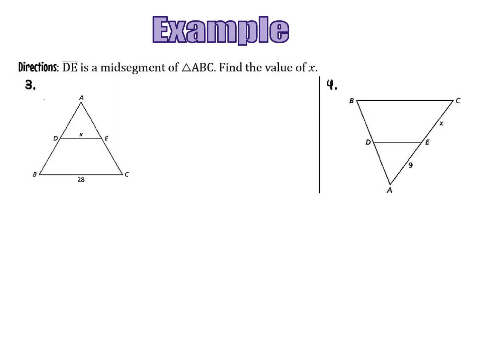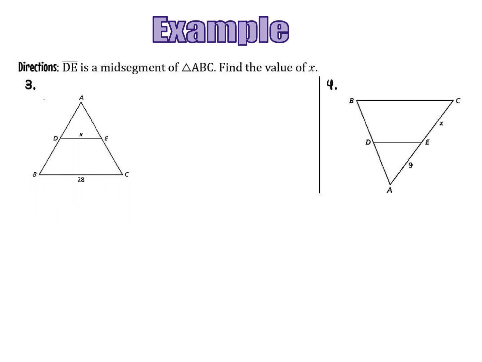All right, for both examples 3 and 4, we are given that DE is a midsegment of the triangle. What that means is we know that D is the midpoint of AB, that E is the midpoint of AC, that DE and BC are parallel, and most importantly for solving this problem, that 1/2 of the bigger side, 28, is going to equal the smaller side.